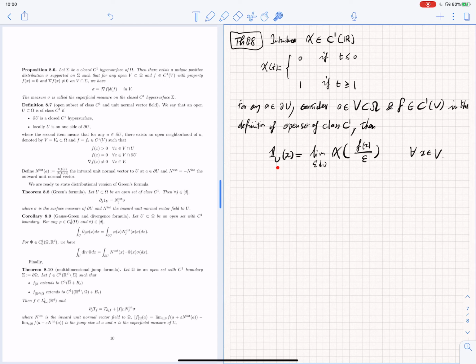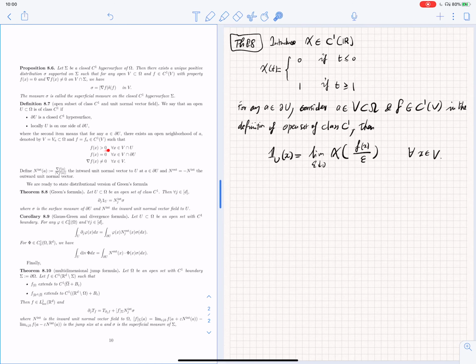If x belongs to u, then f of x, according to the definition of f in here, we know takes a positive value inside the open set u.